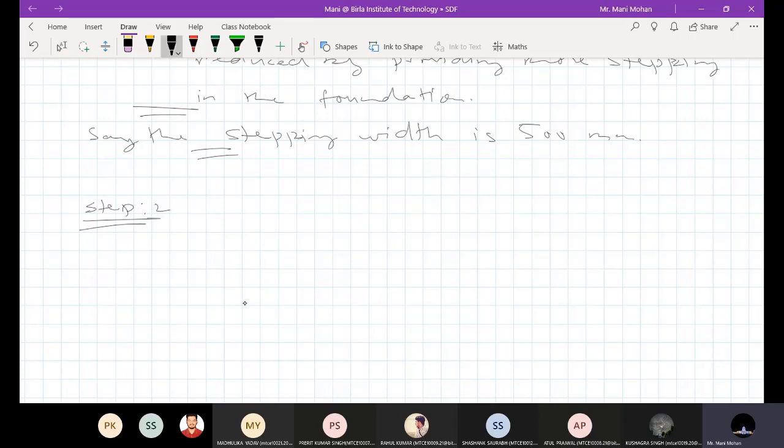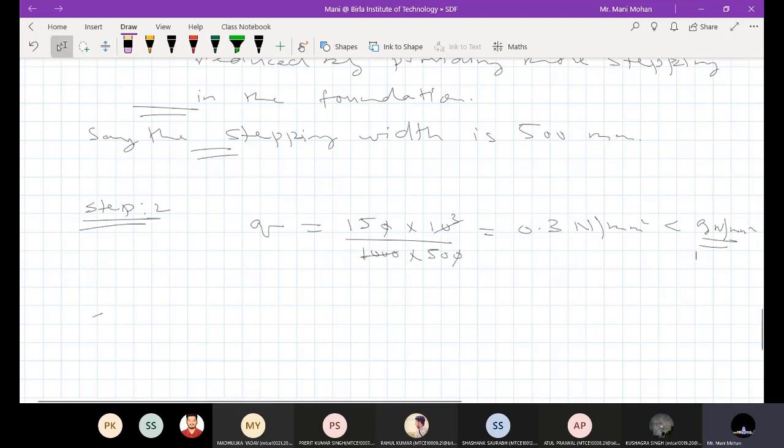So of course it's going to be safe. If I compute Q, Q will be 150 kilonewton per 1 meter strip, so 1000 into 500. So 150 divided by 500 is how much? 0.3 Newton per millimeter square, and this is less than 9 Newton per millimeter square. You know this 9 Newton per millimeter square is the allowable bearing stress.